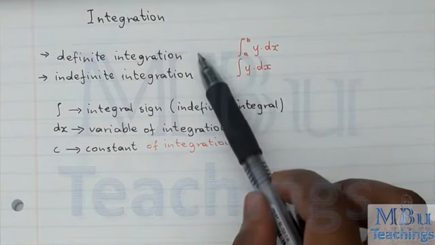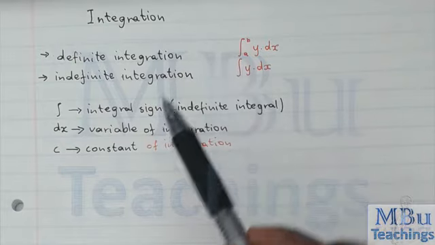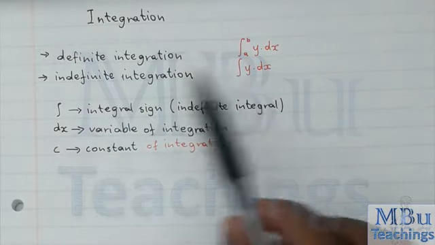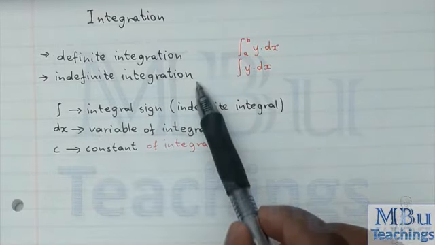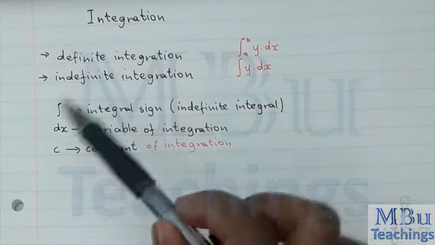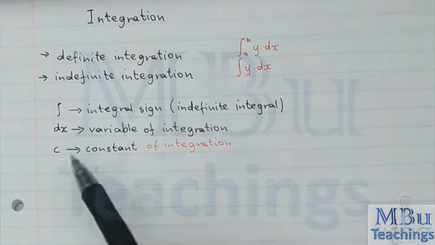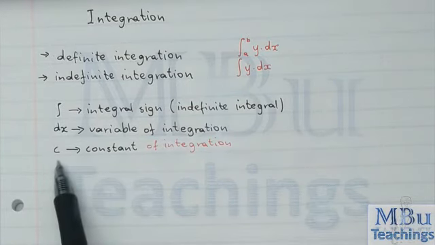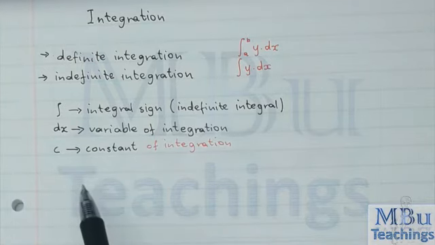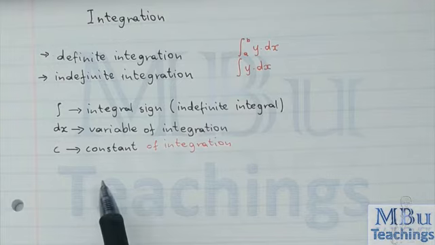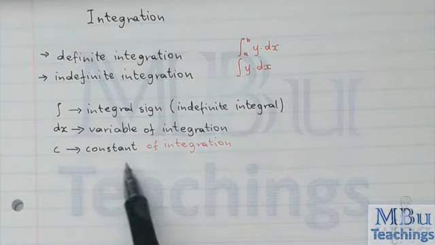So in other words, we will not have c for the first part. But for the one that is indefinite, the reason we are saying it's indefinite is because the value for c is not known, or we are not given the value to find c. So this c can be any value. It can be pi, it can be 2, it can be 18, it can be e, it can be any constant.